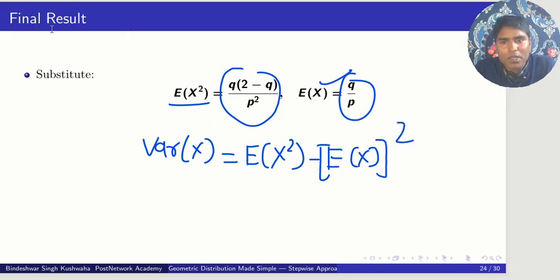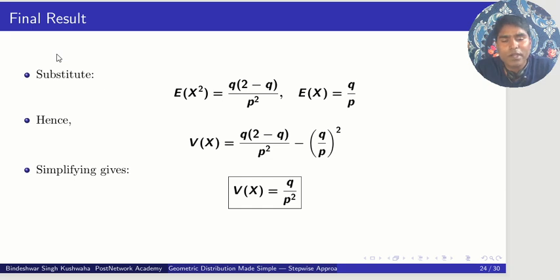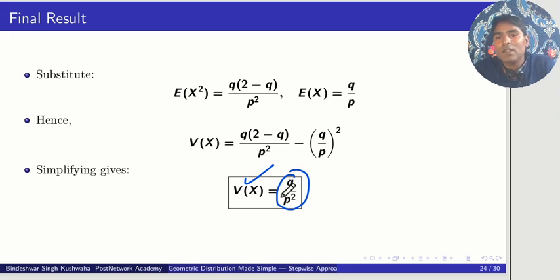So we will plug in the values, and finally we will get variance of x equal to q upon p square. And what was the expected value of x? It was q upon p.